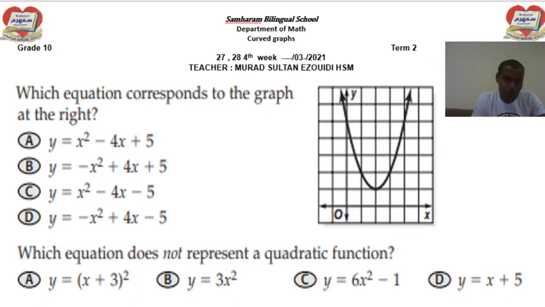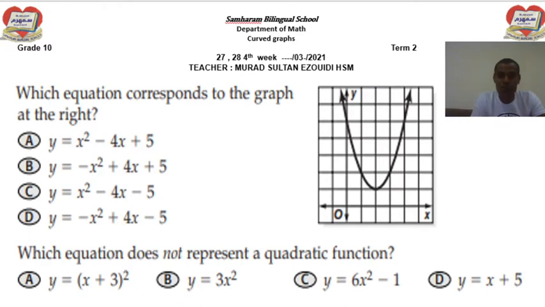For example, this one, f of x equals x squared, is a parabola that has a double root, which is x equals 0. And here this curve cuts the x-axis at the point -1, so it has a double root, x1 equals x2 equals -1.